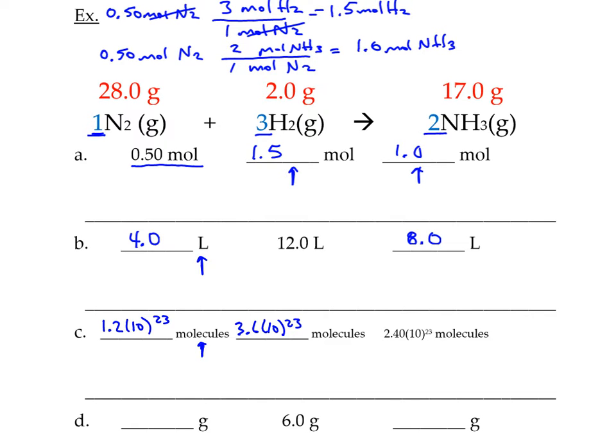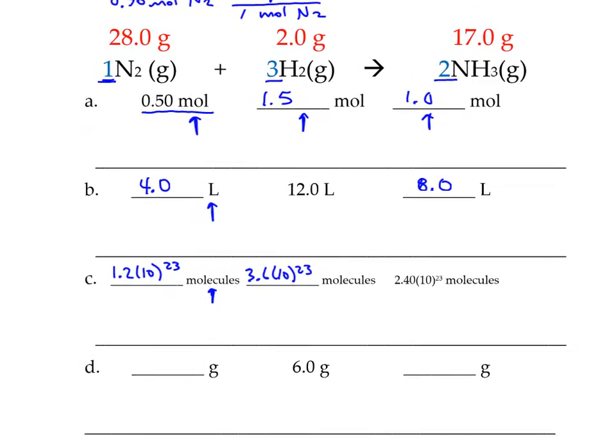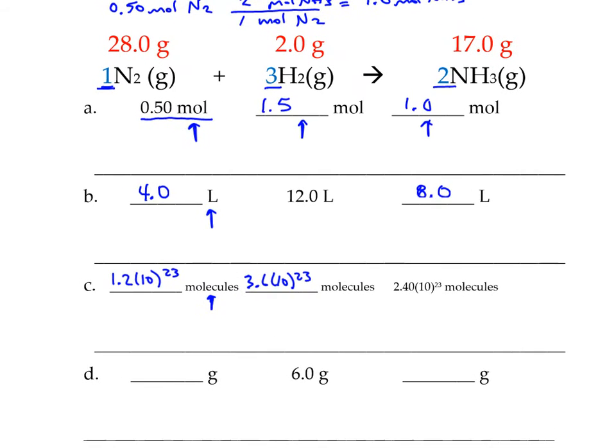But if we're going to talk about grams, it's going to be a little different. So let's take a look at that. If we go to the next example down here, it says that you have 6 grams of hydrogen, and you want to figure out how many grams of nitrogen you need for that. So with conversions, you would say 6.0 grams of hydrogen, and I'll just plan it out and then we'll figure out the numbers in a minute.